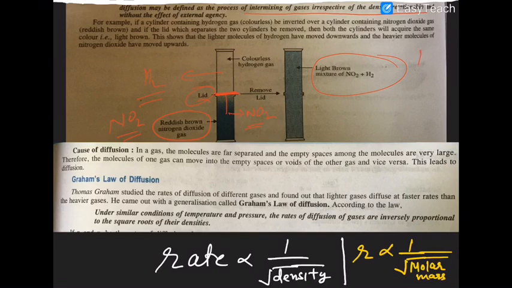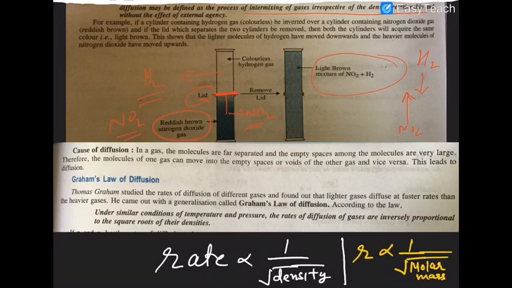Why? Because hydrogen will diffuse into the NO2 gas and NO2 diffuses into the H2 gas. The reason being that hydrogen, being lighter in weight, has a rate of diffusion much faster than NO2. That is the cause that gases are able to spread in such a large volume.